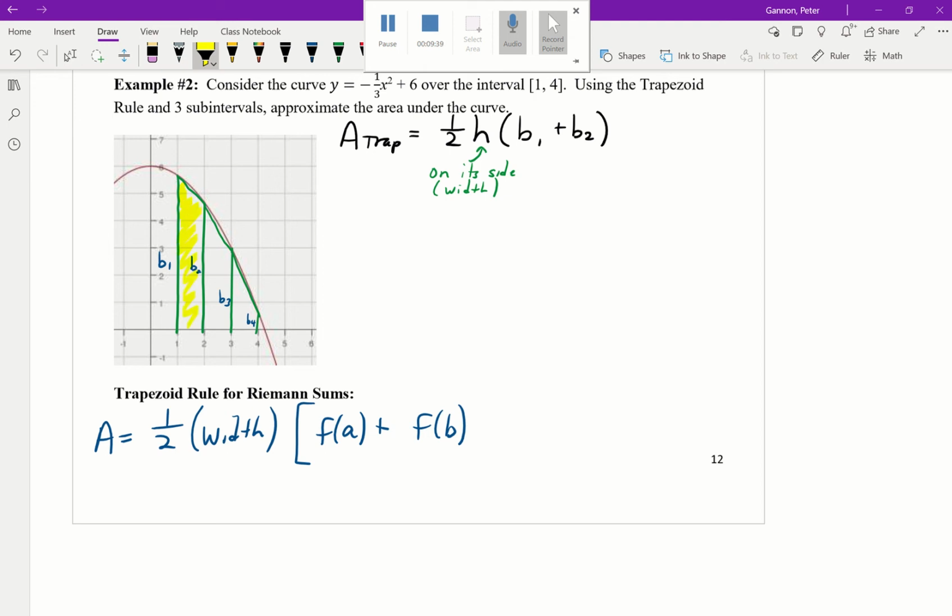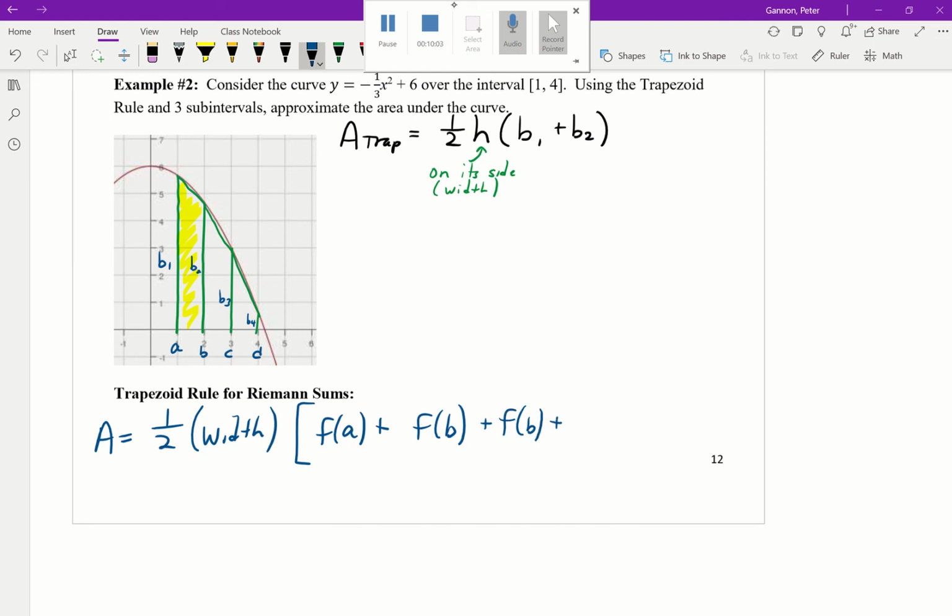If I stopped right there, that would simply represent the area of this trapezoid right there. Well then, if we wanted to include the next trapezoid, assuming the width is uniform as we do this, then we're going to add the area of the next trapezoid, which is going to be f of b again. I'm calling that a, that b, that c, and that d for these purposes.